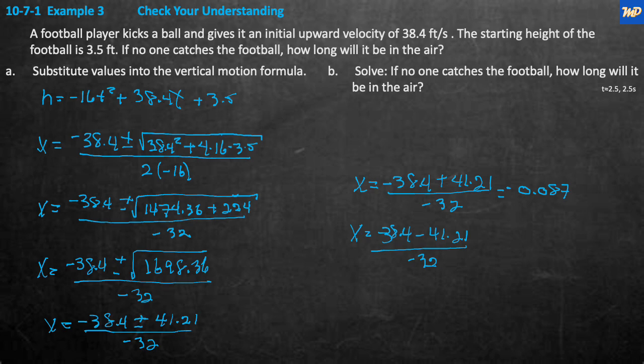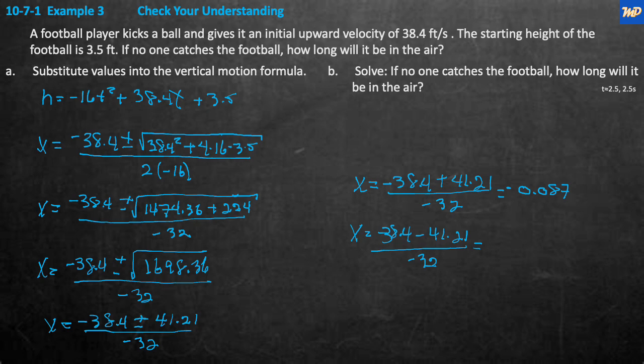Negative 0.087. This next term here is negative 38.4 minus 41.21.